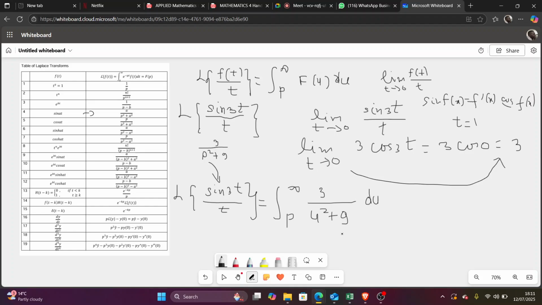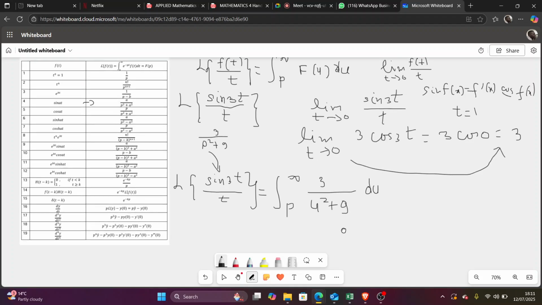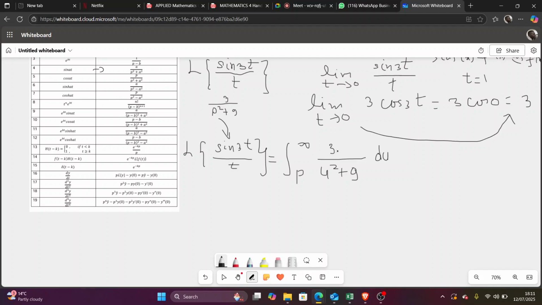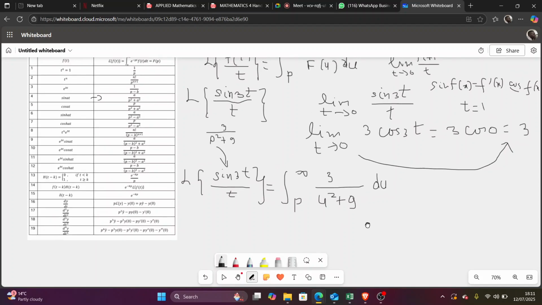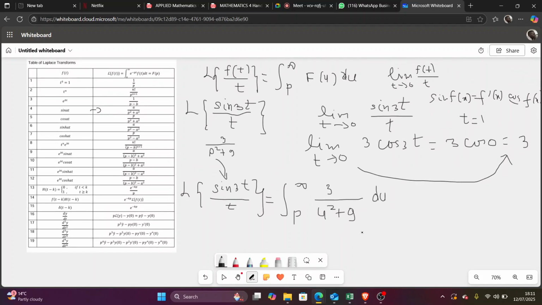So what is next here? We have to solve for the integration of this function. I hope you see the difference between multiplication by t and division by t. There is some new information. Any question again before I proceed?